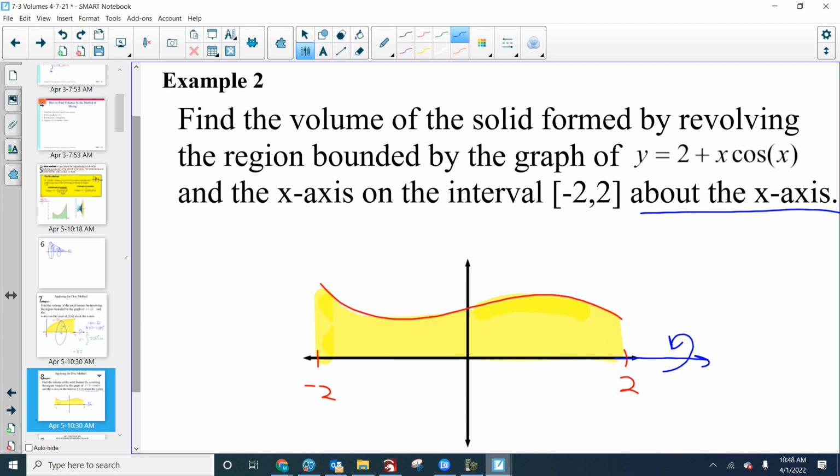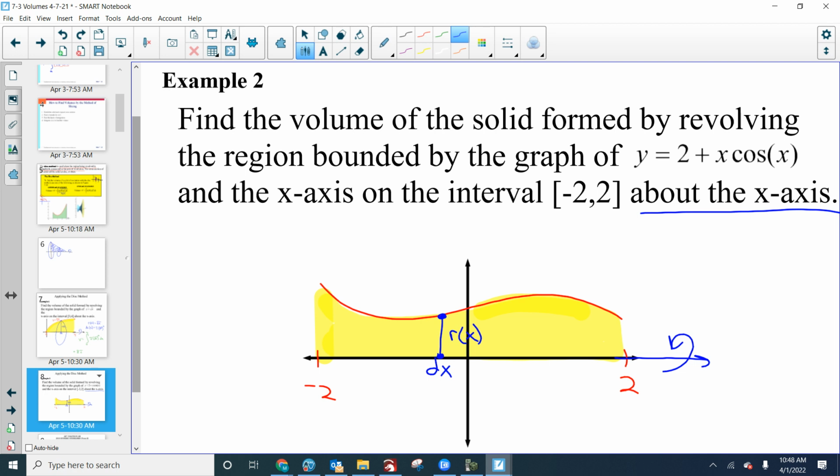Next step, draw in one sample radius. Are these going to be dx's or dy's? dx's, good. And that r of x is, again, the function height in this case.